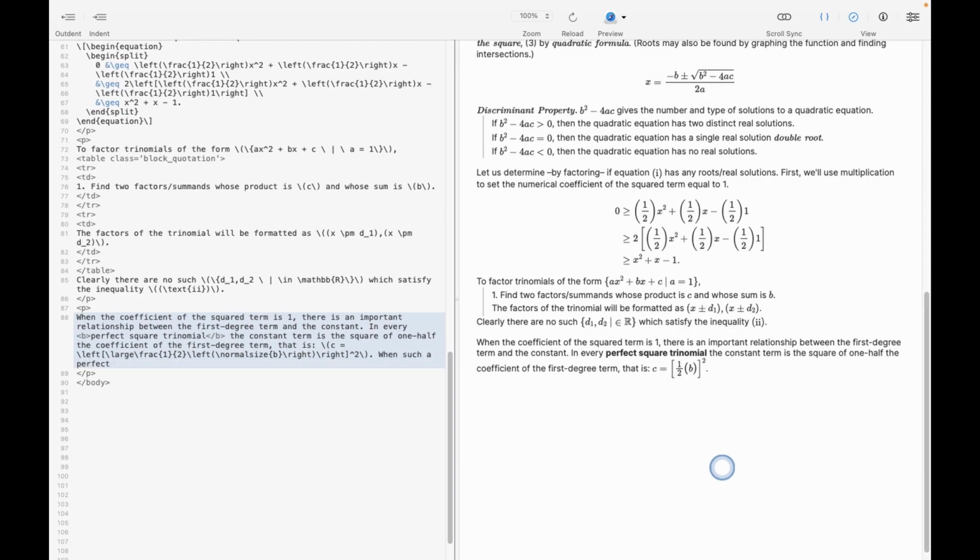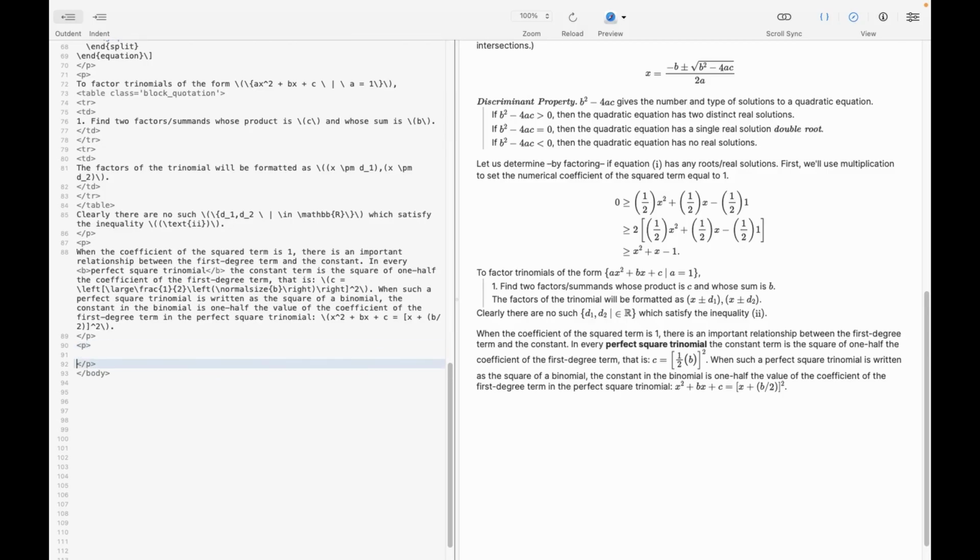When such a perfect square trinomial is written as the square of a binomial, the constant in the binomial is 1/2 the value of the coefficient of the first degree term in the perfect square trinomial. That is to say, x squared plus bx plus c equals quantity x plus b over 2 squared.